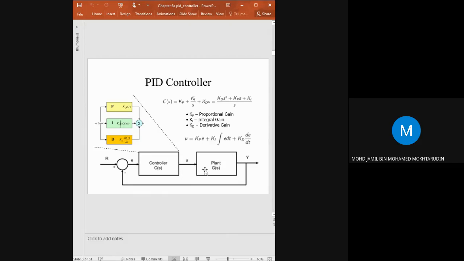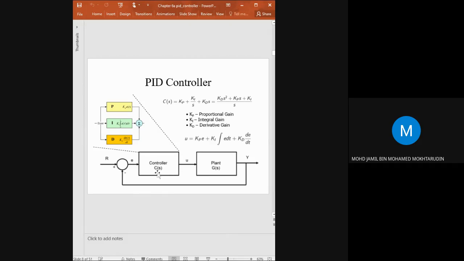So the controller has its own transfer function also. So your system, G(S), has its own transfer function. The G(S) comes from, for example, your project, from gears, mechanical system, block diagram, and so on.